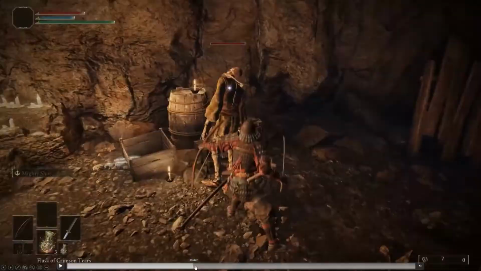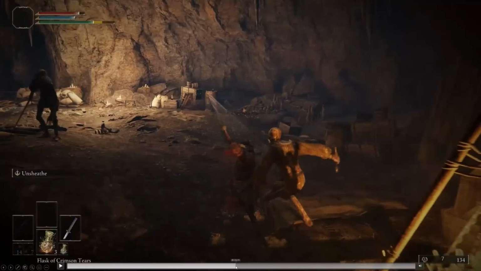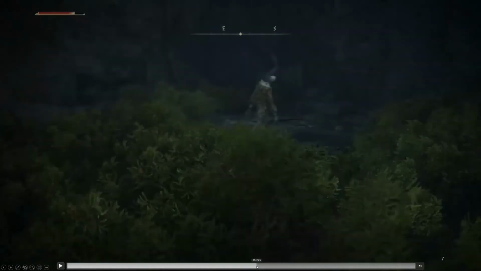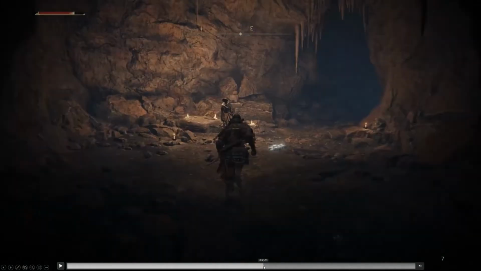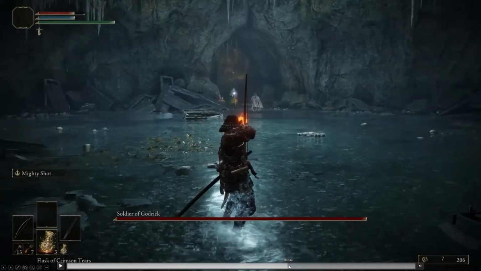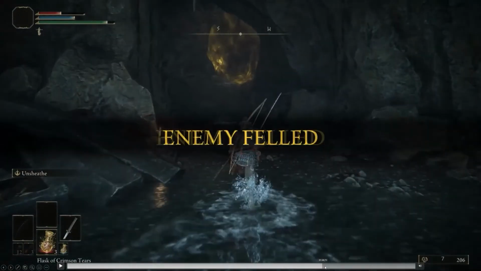So this is the area that we can follow in order to learn basic mechanics, and it's very, very simple. All this time there is only one way we can go. So this is as clear as it can really be, without any confusion whatsoever, just for the player to learn how to move around, how to fight, how to use his skills, how to dodge, and just basic mechanics.